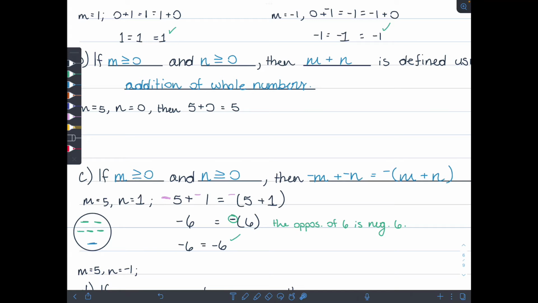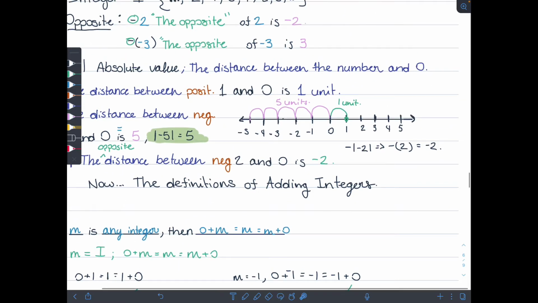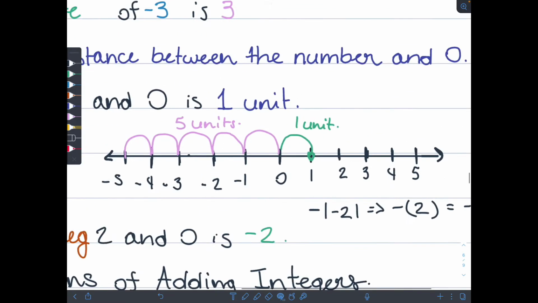Okay, let's see if this would work or not. Well, if m is greater than or equal to 0, well, 5 is greater than 0, so that checks out. Is negative 1 greater than or equal to 0? Let's refer back to that number line.